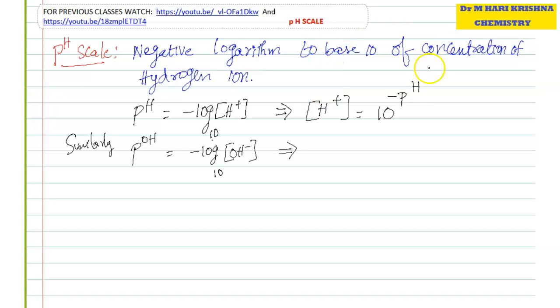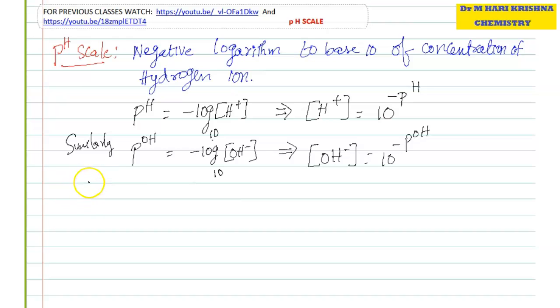Suppose they give the pH value, we can find the H plus value by using concentration of H plus equal to 10 power minus pH. Similarly, concentration of OH minus equal to 10 power minus pOH. So depending upon the H plus value, we can find pH, and given pH, we can find the H plus value by this formula.